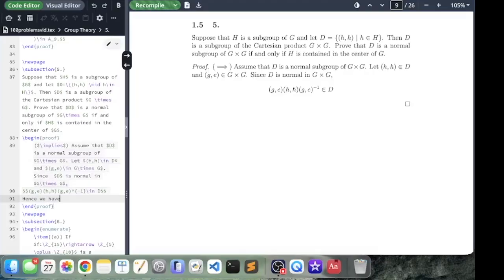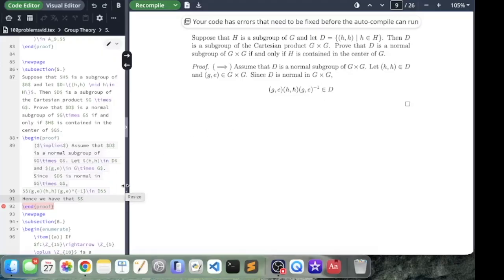Hence when we multiply this out, we get (gh, h) when we multiply the first two, and then we get (ghg inverse, h).